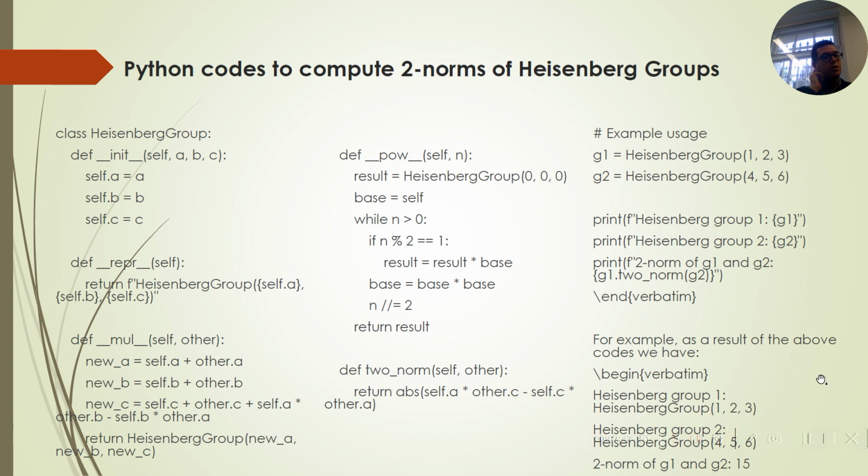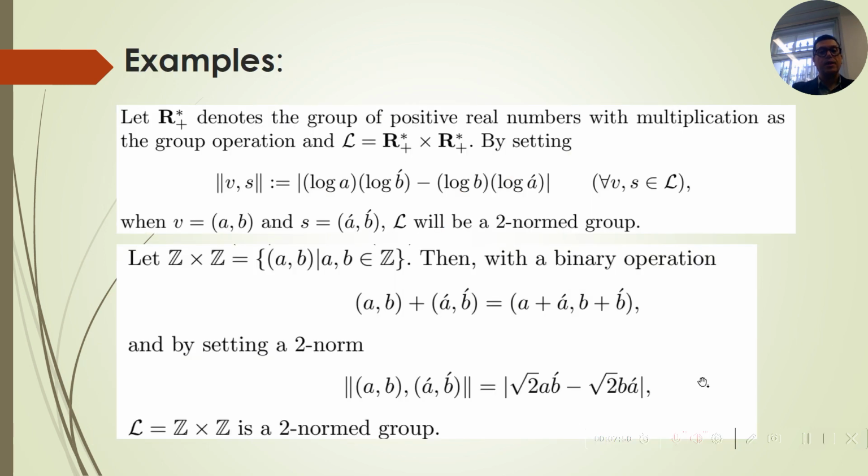And this is the Python code to compute two-norms of Heisenberg groups. This Python code was done by Alireza. And another example: let R star plus denote the group of positive real numbers with multiplication as the group operation, and L is this.